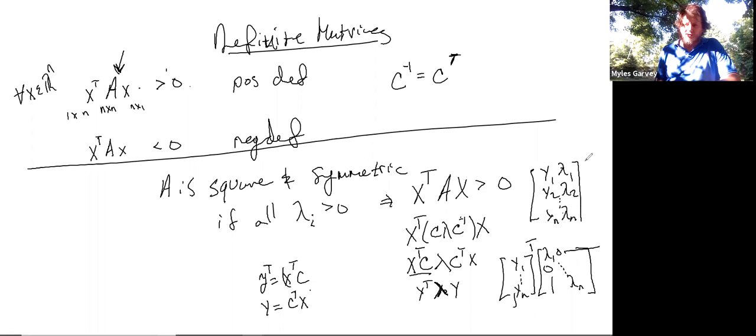And if you multiply that times the other y, y1, y2, yn, and again, here you're going to end up getting a 1 by n. So this is actually another row. You get this times this, which is y1 squared times lambda 1 plus dot dot dot yn squared lambda n.